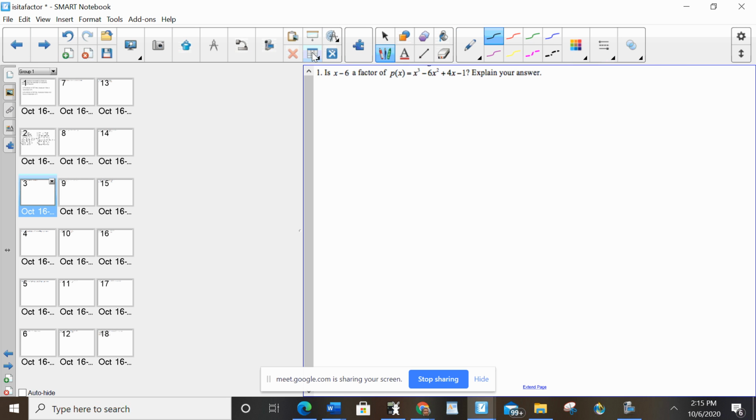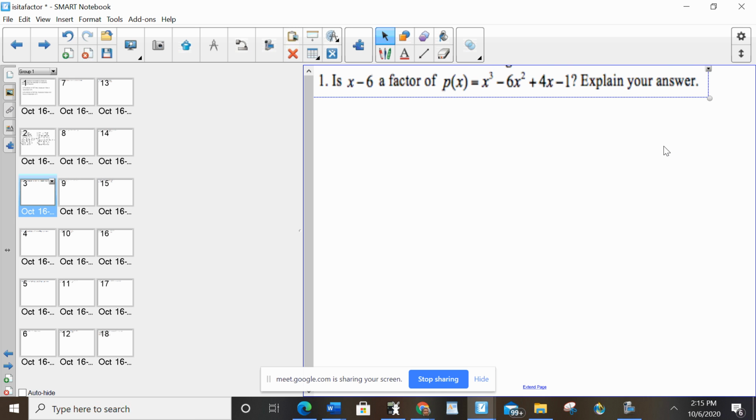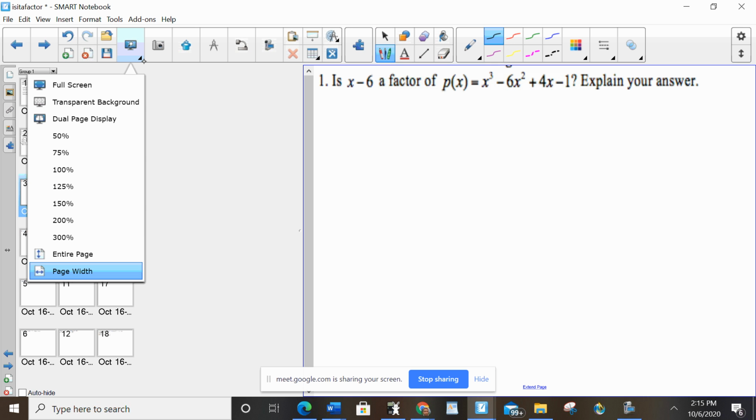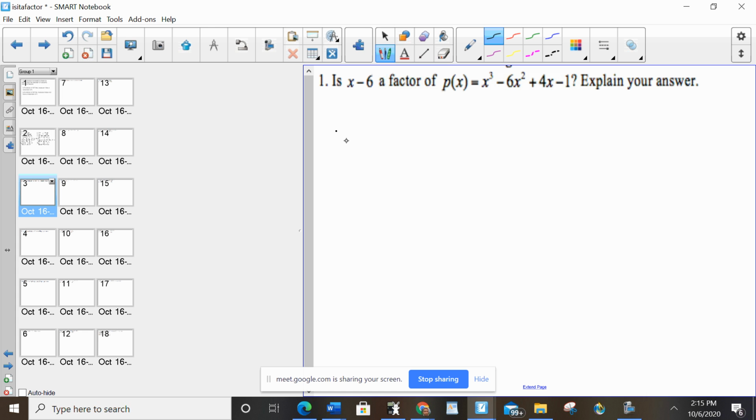Is x minus 6 a factor of p of x equals x cubed minus 6x squared plus 4x minus 1? So to determine if x minus 6 is a factor, I need to find the remainder. To find the remainder, I do the remainder theorem. So with the remainder theorem, I'm substituting the opposite of what I'm dividing by into the function.